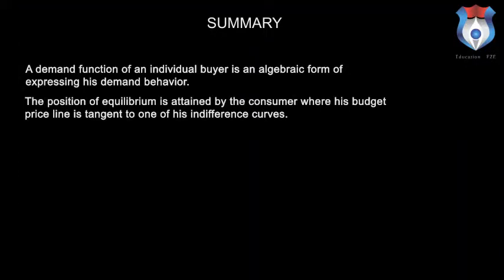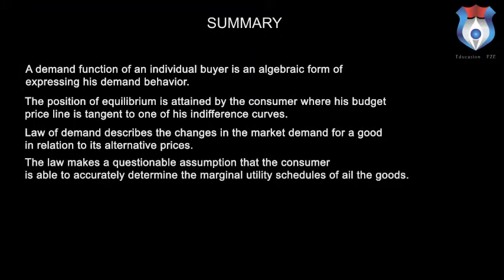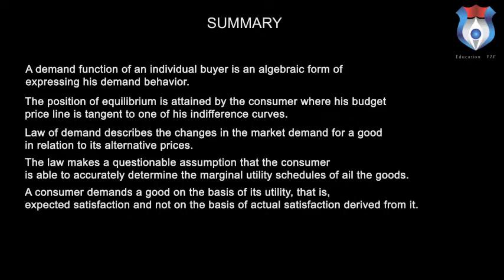Summary. A demand function of an individual buyer is an algebraic form of expressing his demand behavior. The position of equilibrium is attained by the consumer where his budget price line is tangent to one of his indifference curves. Law of demand describes the changes in the market demand for a good in relation to its alternative prices.